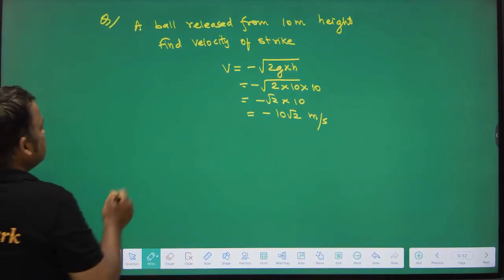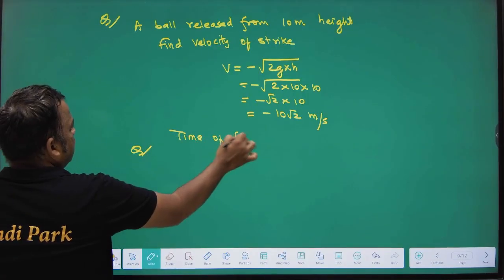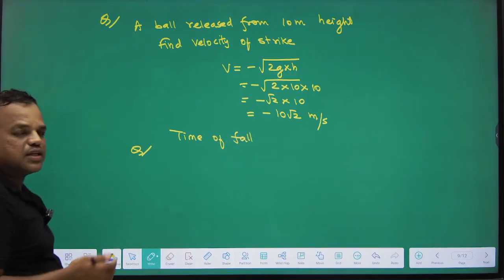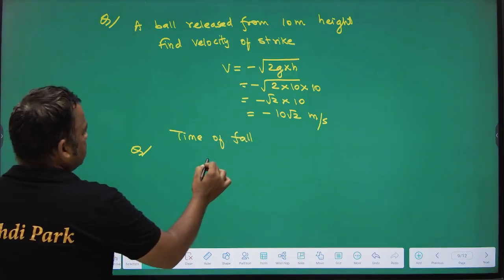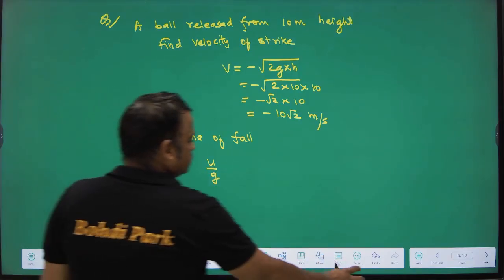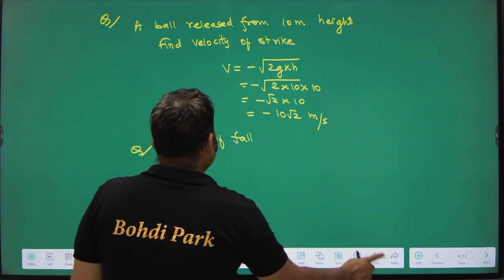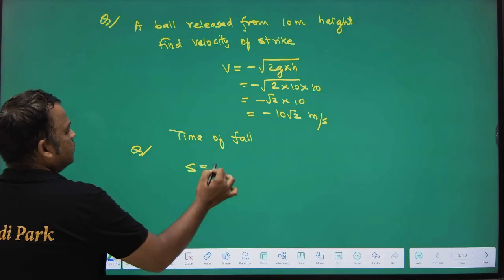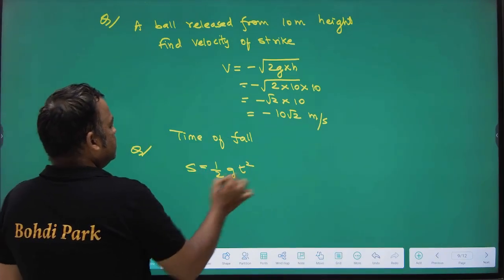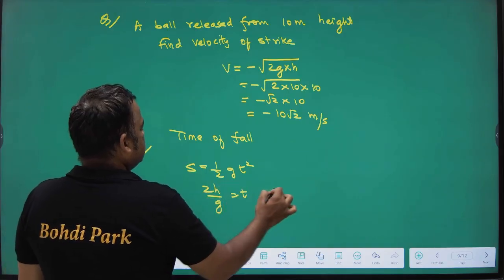Then we can also find time of fall. So time of fall is same as time of ascent, so it will be same as u by g. Or we can use s is equal to half gt square. So 2h by g is equal to t square.